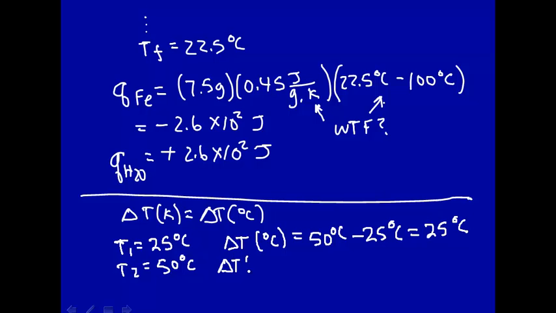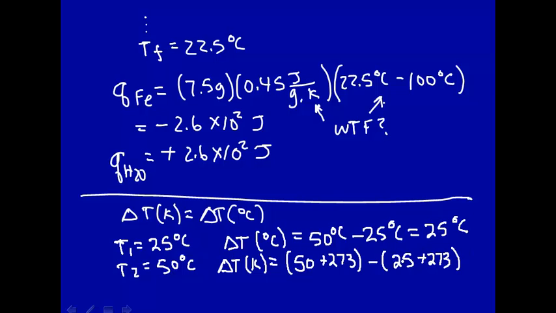Delta T in Kelvin will be 50 plus 273, minus 25 plus 273. That's in Kelvin.